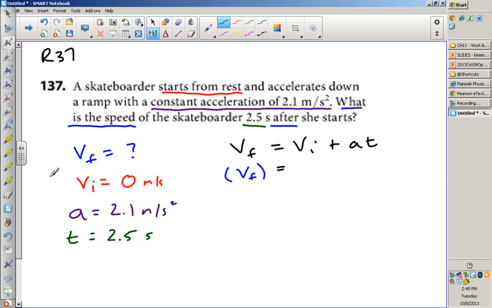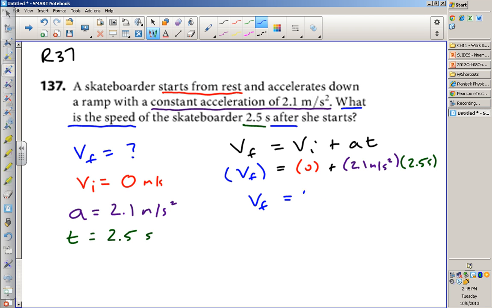We know that the initial velocity is equal to 0 because that's starting from rest, plus the acceleration that they gave us, 2.1 meters per second squared, and then the time is 2.5 seconds. So solving this one for VF is pretty easy.